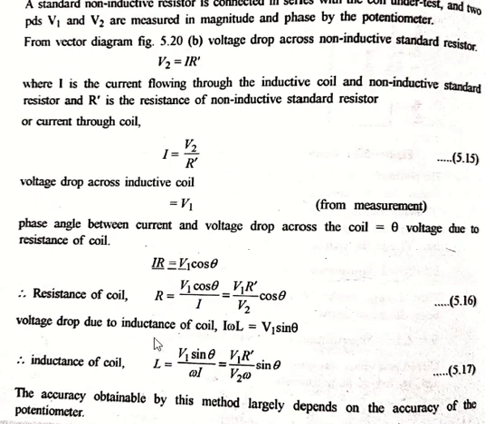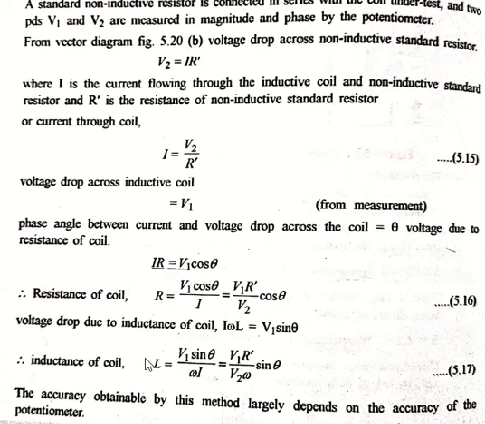So by the measurement of V1 and V2, only L is unknown; we can measure V1 and V2 using the AC potentiometer, the value of R dash is known, and theta is measured by the potentiometer as well. So the value of our self-inductance can be known by this equation.